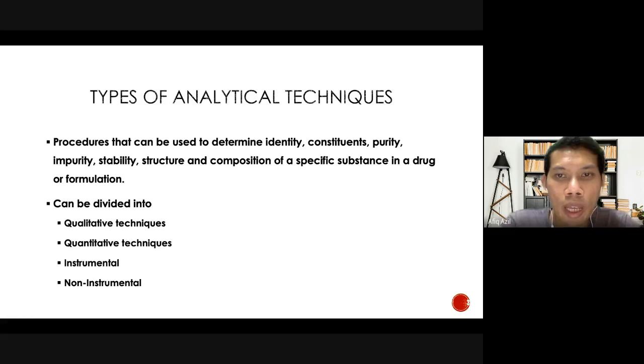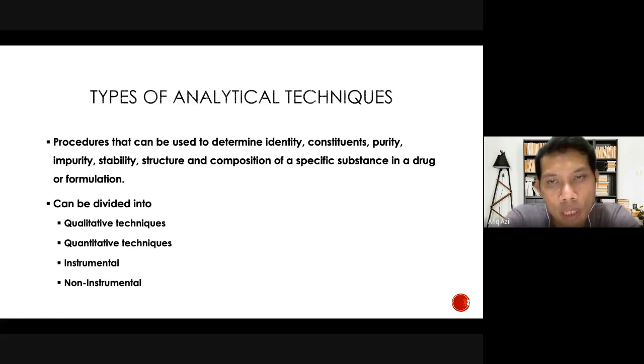Okay, and it can be divided into either qualitative. So qualitative, you just want to determine identity, okay, of that particular analyte or compound itself. Whereas in quantitative techniques, you want to quantitate, you want to know exactly the amount, the concentration maybe, or the purity of that particular active pharmaceutical ingredient, so on.